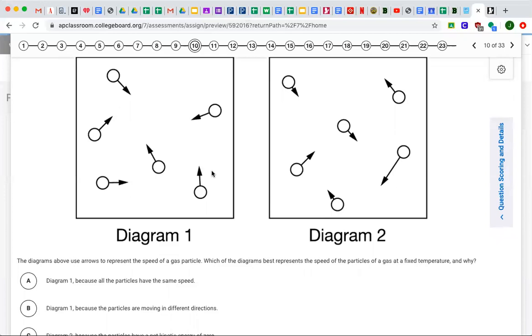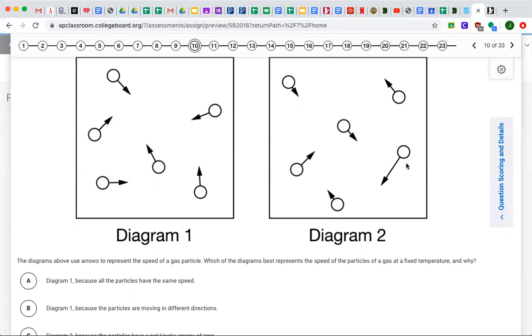I know we did this one before, and I thought it was number one, and then you said it was number two, because even at fixed temperatures there's variation in the speed. That's right. These particles don't all have the same velocity. Rather, they have a distribution of speeds.